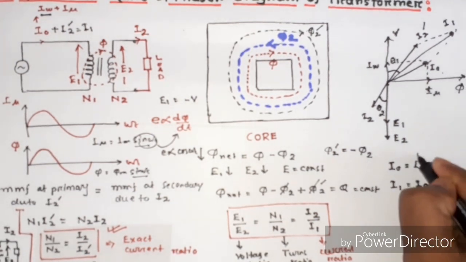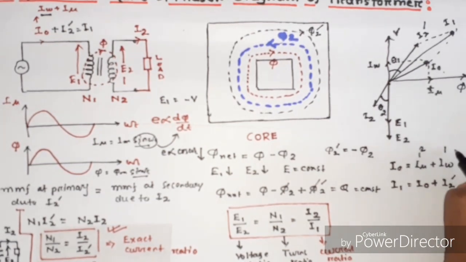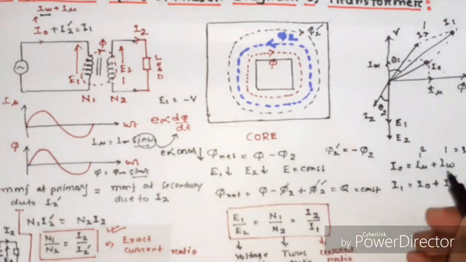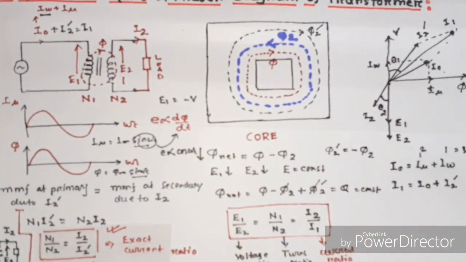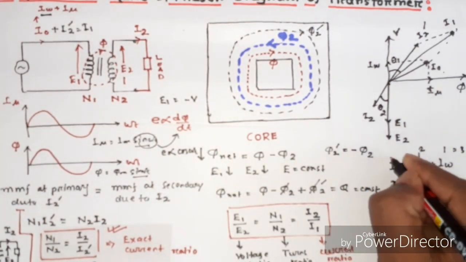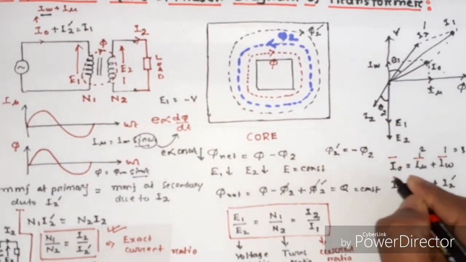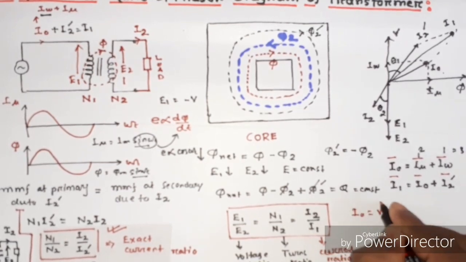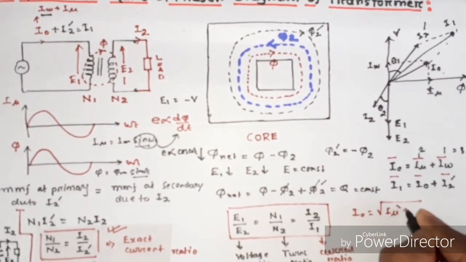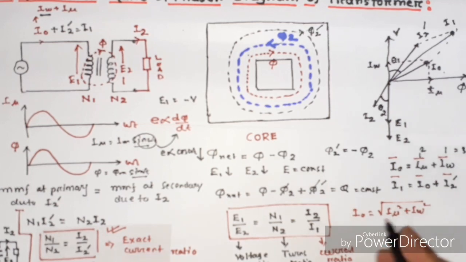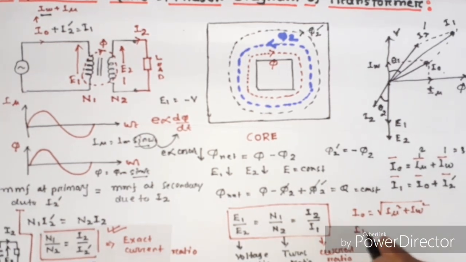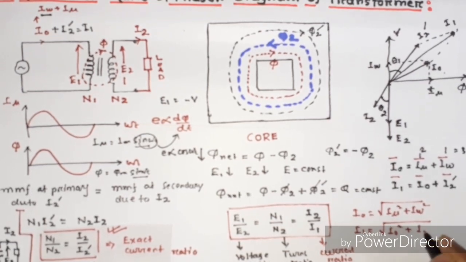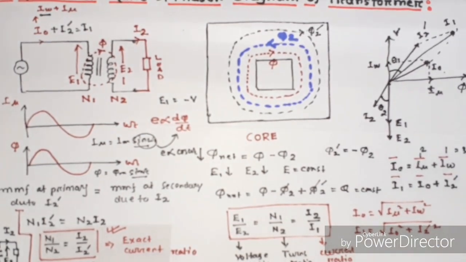This is not an arithmetic relation, this is a phasor relation. So I0 will be root over of I mu square plus IW square. Similarly, I1 will be root over of I0 square plus I2 dash square.